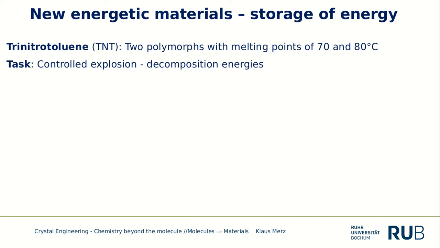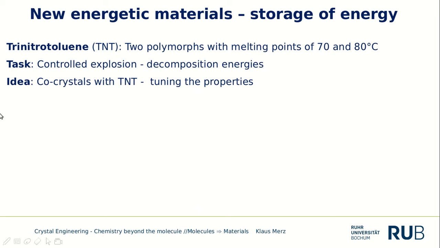Can you control its explosion properties, its decomposition energy? And the idea is, let's try to synthesize co-crystals of TNT using intermolecular interaction, with the aim that such co-crystals are much easier to handle.